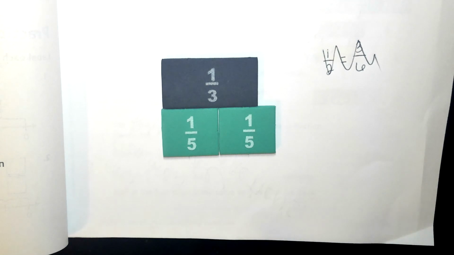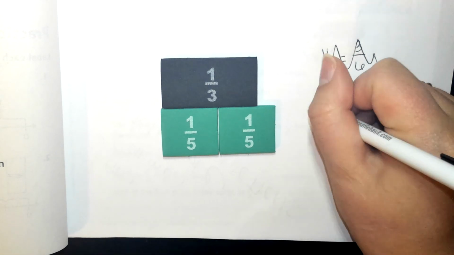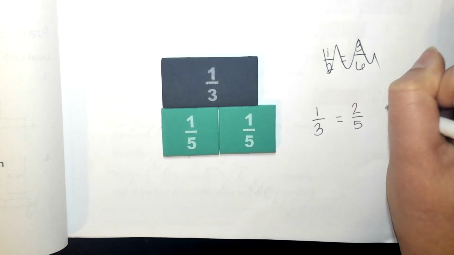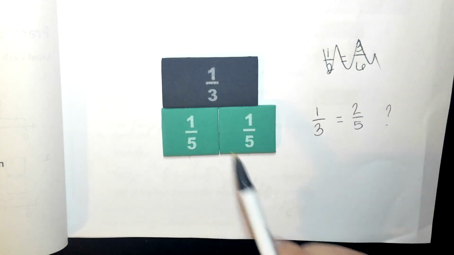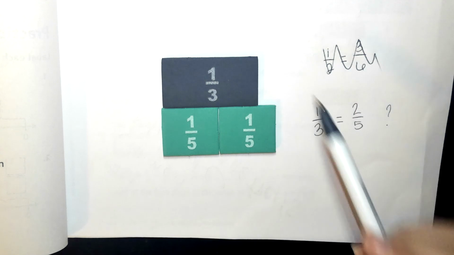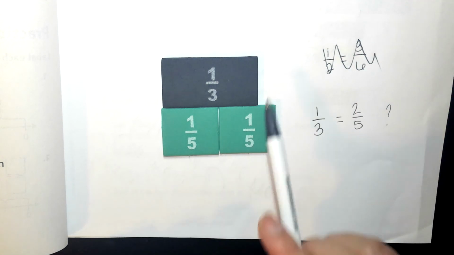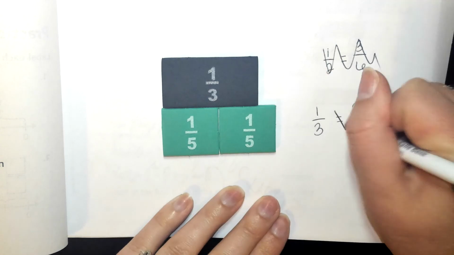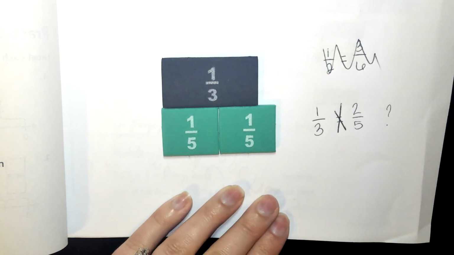Are these fractions equivalent? Is 1/3 equivalent to 2/5? Are they the same size? No, they're not. You can see that 2/5 is larger. It takes up more space that this 1/3 does not have. So 1/3 is not equivalent to 2/5.